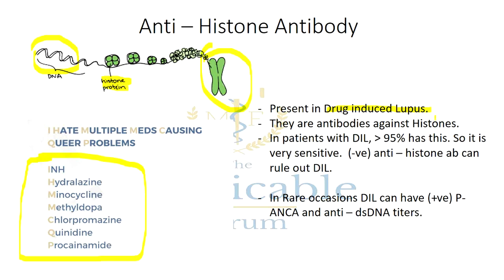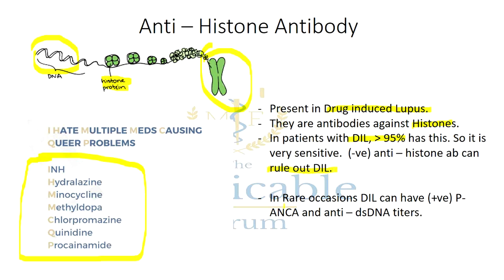Drug-induced lupus. They are antibodies against histones. Drug-induced lupus has more than 95% sensitivity. So more than 95% of people having drug-induced lupus have positive antihistone antibodies. So it definitely is very sensitive. So a negative antihistone antibody can definitely rule out drug-induced lupus.